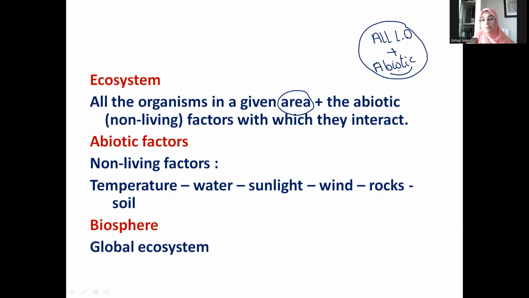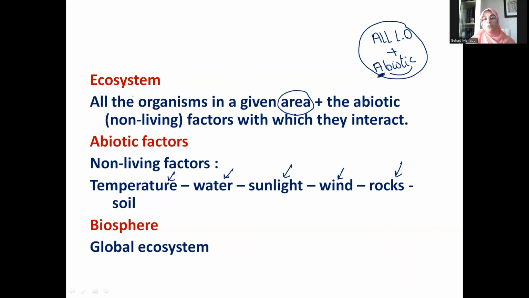You know that biotic means alive. Abiotic, when we put an a at the beginning, means non-living. Examples of non-living abiotic factors include the soil, the rocks, wind, sunlight, water, and even temperature is considered an abiotic factor.